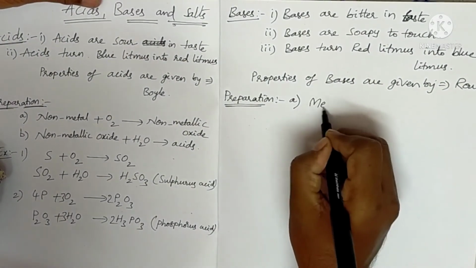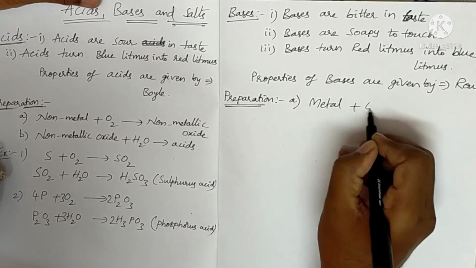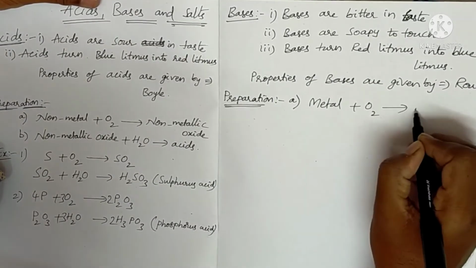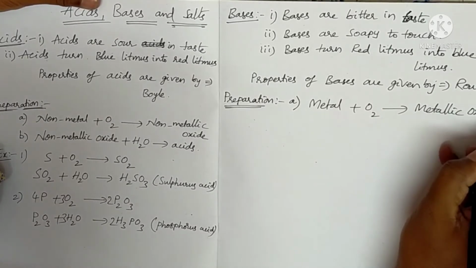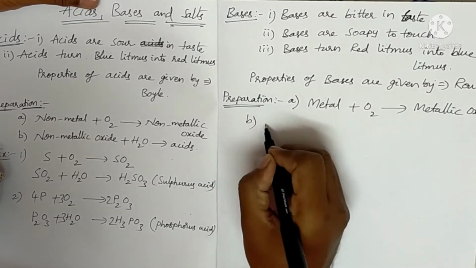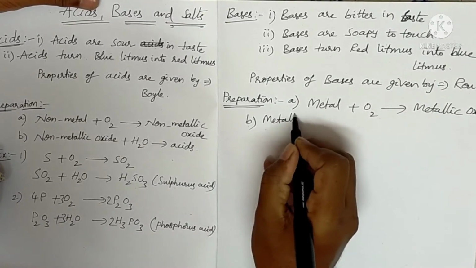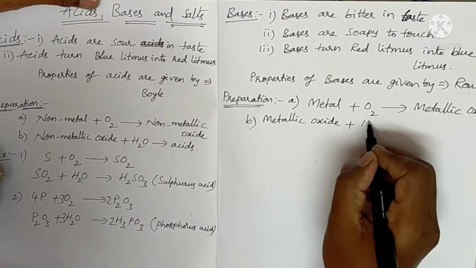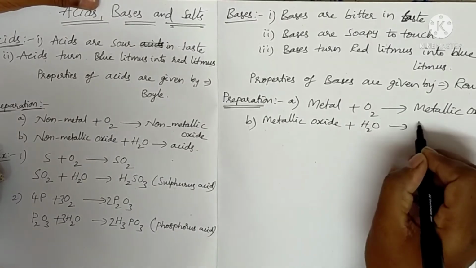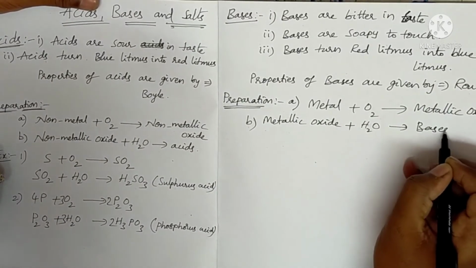First step, a metal reacts with oxygen and forms a metallic oxide. This metallic oxide dissolves in water and gives a base.